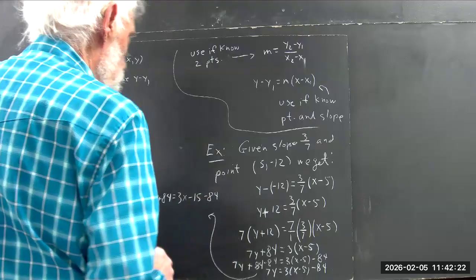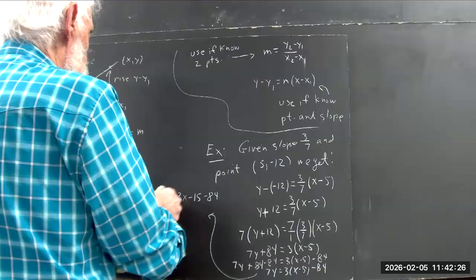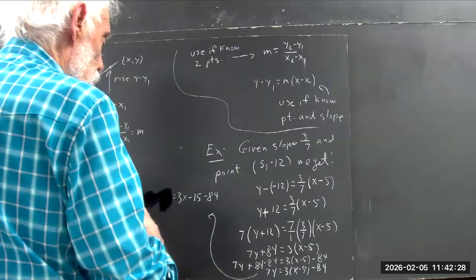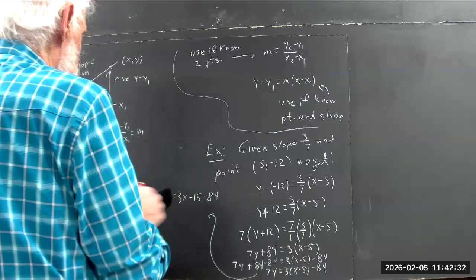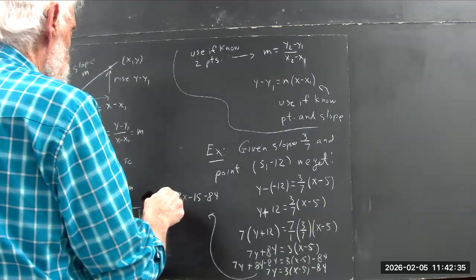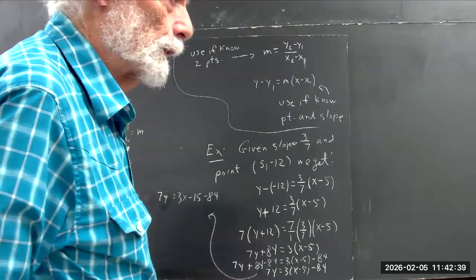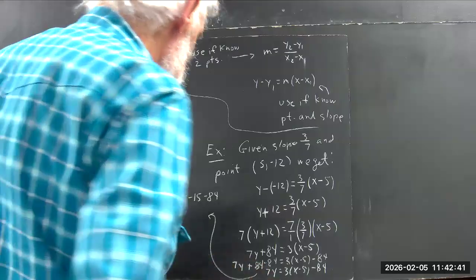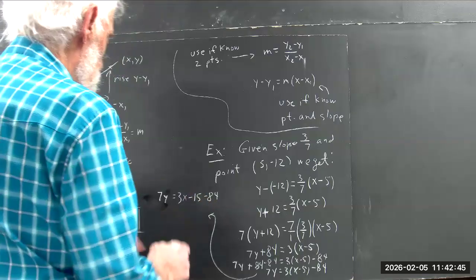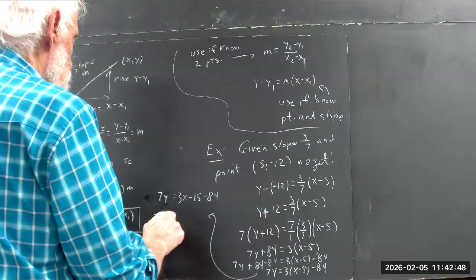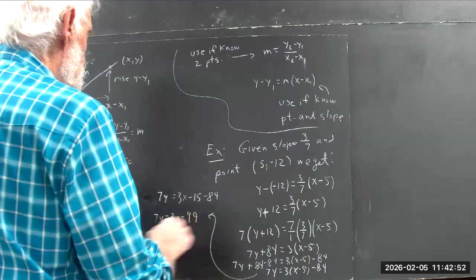Then we have minus 84. And I wrote the left-hand side down incorrectly. I wrote 7y plus 84 because that's what my eye saw. My brain wasn't functioning. But the left-hand side, of course, when we do 7y plus 84 minus 84, leaves us with only the 7y. So we have 7y equals 3x minus 15 minus 84. So 7y equals 3x minus 99.